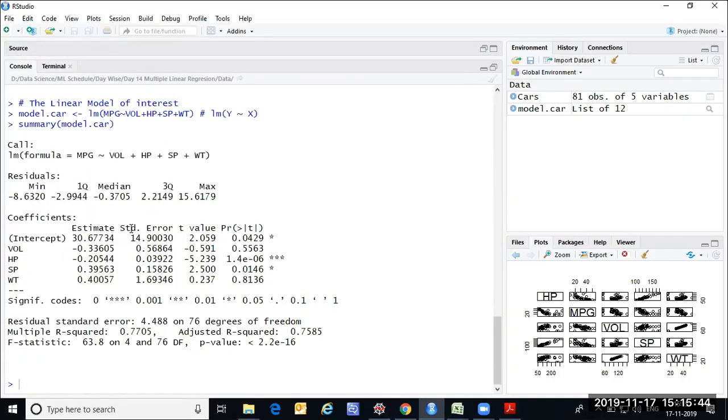What is the first thing that we need to check when we build a linear regression model? What do we need to check? The first thing.